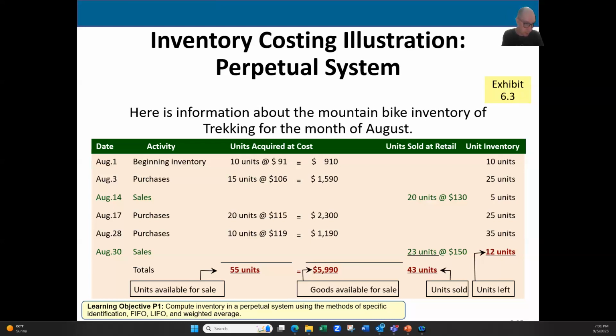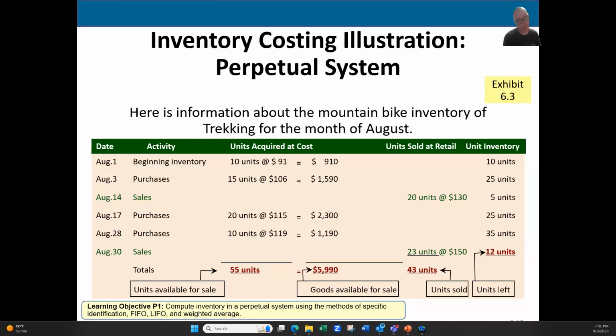This is just the raw data before I show you what it looks like using the different methods. So August 1st, we started our bicycle company. We sell bicycles, it looks like. I'm sorry, beginning inventory.